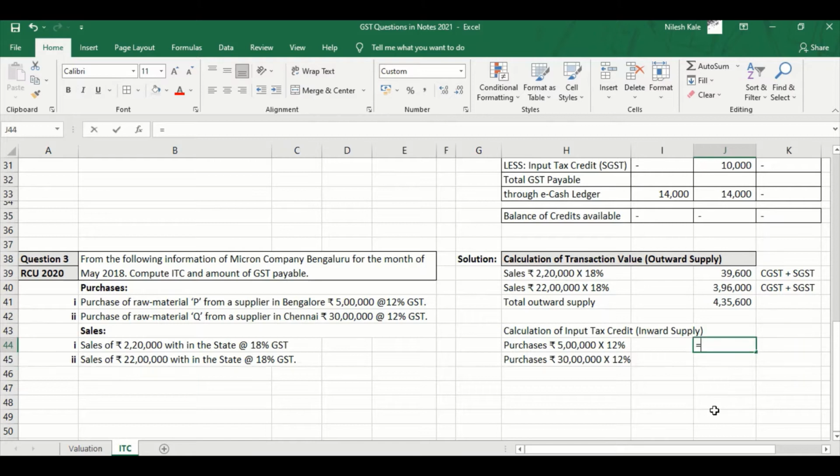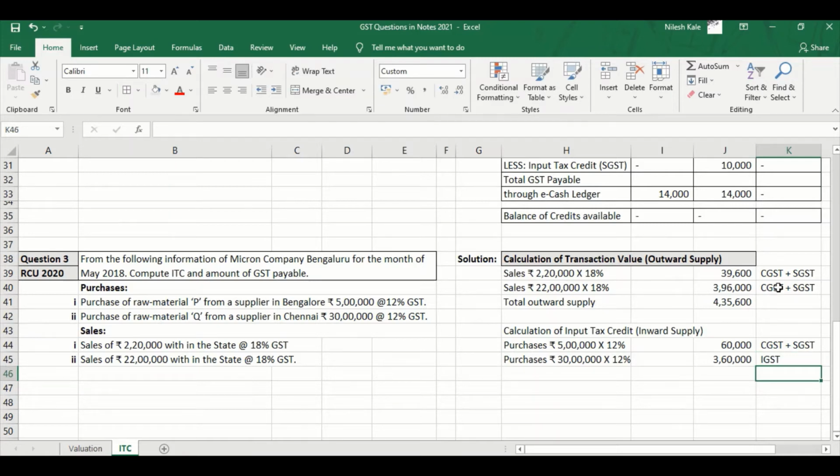It is 5 lakh into 12 divided by 100, and here it is 30 lakh into 12 divided by 100. Now what is this? The 5 lakh purchase is an intra-state transaction, and therefore CGST plus SGST is applicable, and here it is IGST which is applicable.